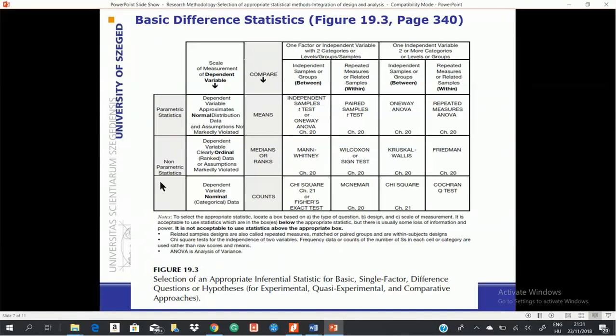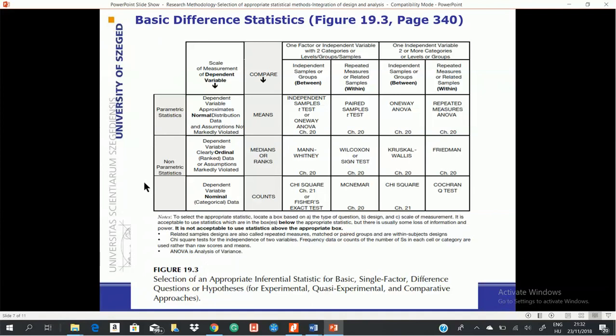But the important point is in here. If you have interval and ratio data, and after the normal distribution test it shows a normal curve or normal data, and you do a homogeneity test before doing ANOVA because it's important, and it shows that your data is homogeneous, you can do a parametric statistic.